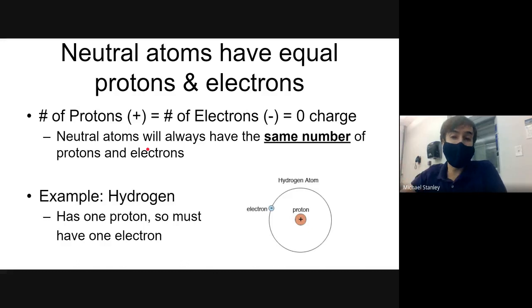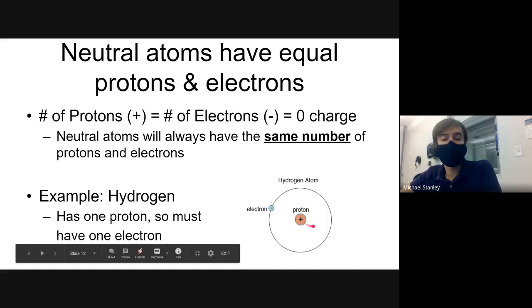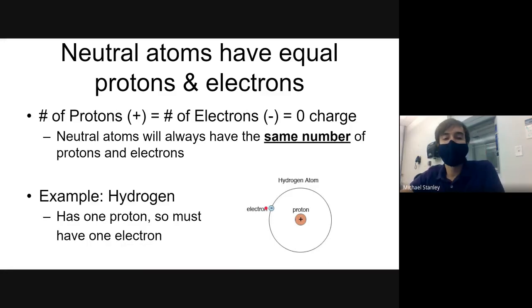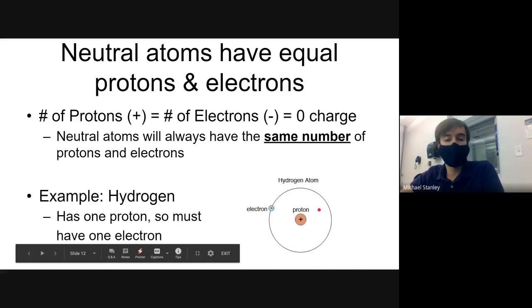So the most simple atom that exists in the universe is hydrogen. And a hydrogen atom is simply one proton being orbited by one electron. All right, this guy doesn't even have any neutrons. He's so small. It's just the proton and the electron. But again, same numbers, right?